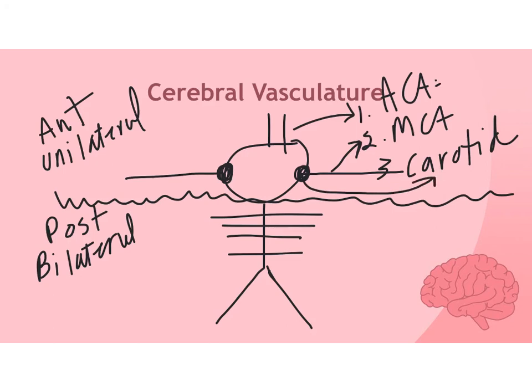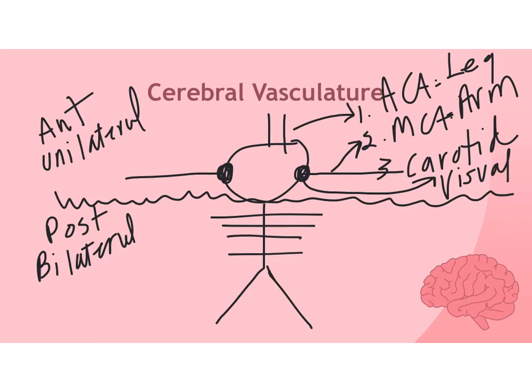Things to remember, ACA feeds the leg portion of the motor strip. The MCA feeds the arm portion, and the carotid feeds your eyeball. So this tends to have visual difficulties.